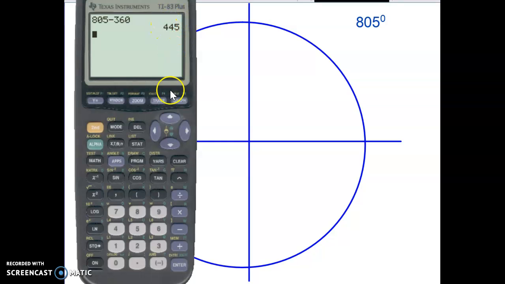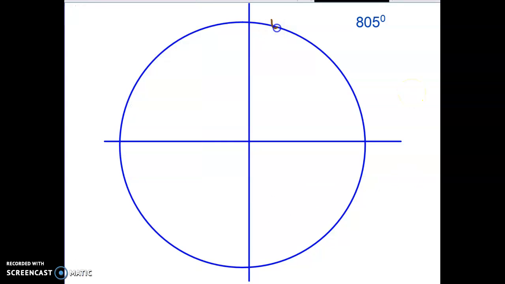Okay, I'm still not within 0 and 360, so I'll subtract 360 again. I'll go one less trip around the circle, and I get 85. So that means 85 would be about here. That 85 degrees is coterminal to the 805 that I started off with. I just went around the circle fewer trips to get here. I didn't even go around the circle one whole time.